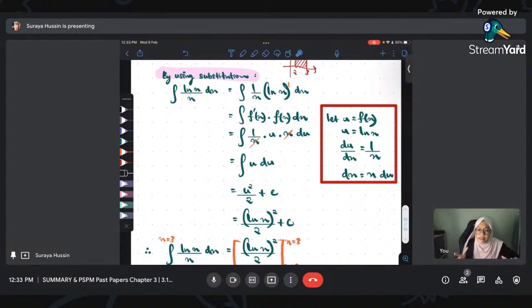You pandai baca soalan. Again, I said so many times, to be good in semester 2, you must be good in analyze the question. So in order to analyze the question, you must understand that this is actually 1 over x times ln x. So you separate them into becoming 2 different function. Nampak tak? This is reciprocal. This is logarithm. You asingkan dia menjadi 2 function, bagi nampak.